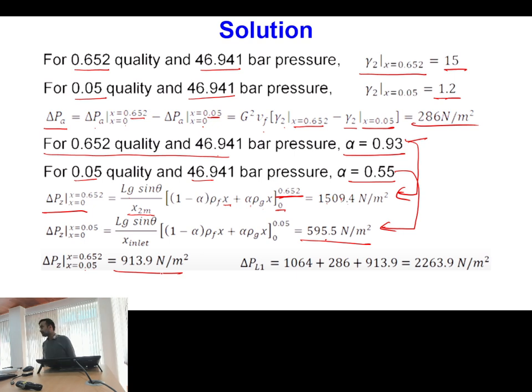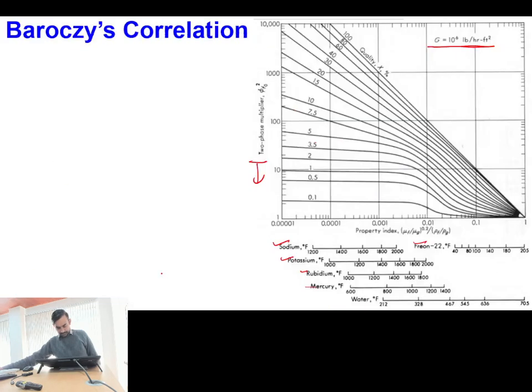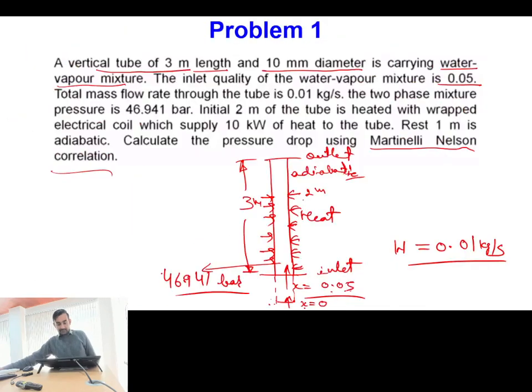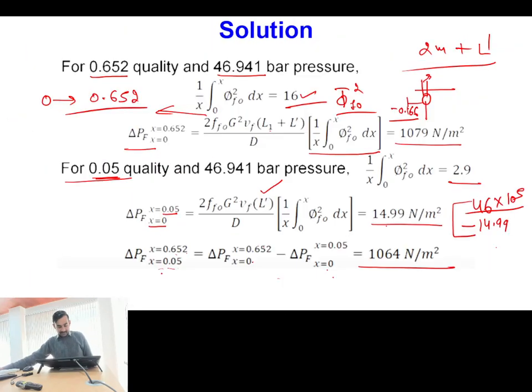Okay. Here it should perhaps be sin theta, sorry, cos theta. The difference is that when you are deciding the axis, you have to consider whether you are referring with reference to vertical or with reference to horizontal.